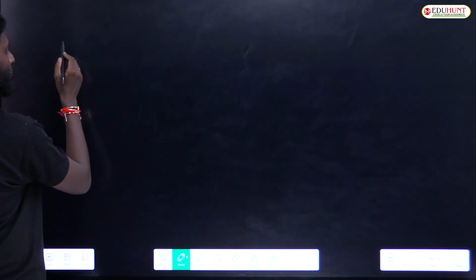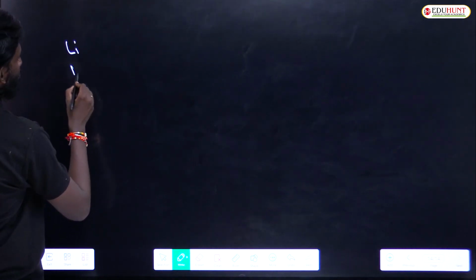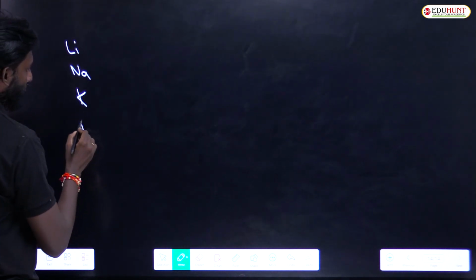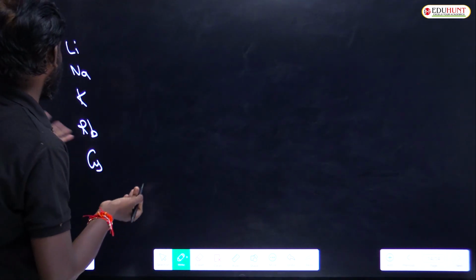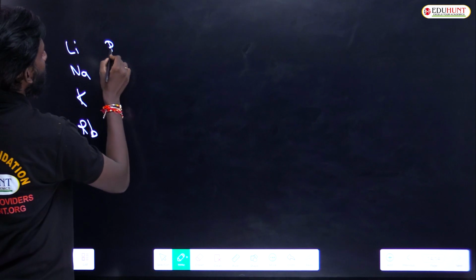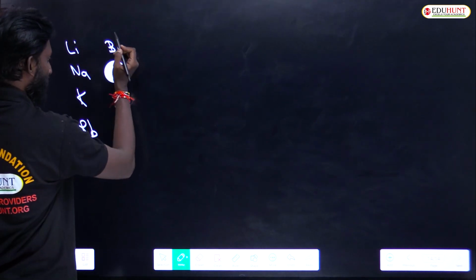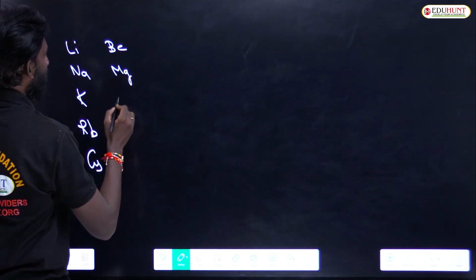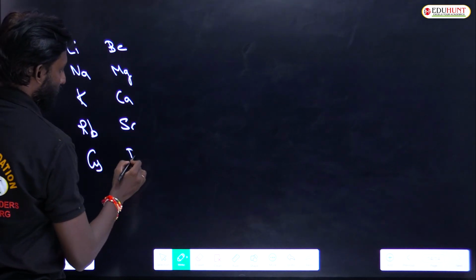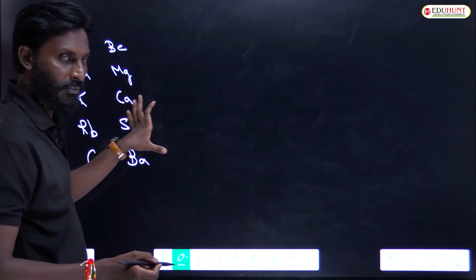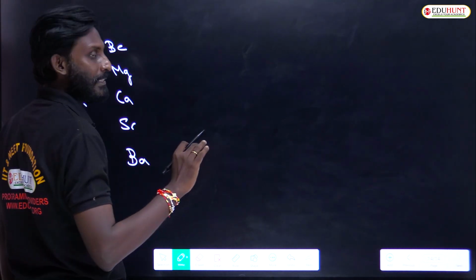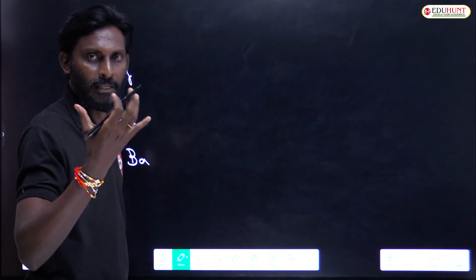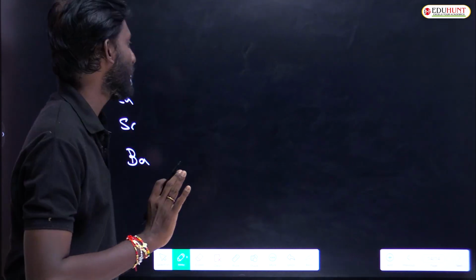Okay? Then how can we decide the valency for a particular element in a particular group? Let me discuss this. See, we have groups like the first group: lithium, sodium, potassium, rubidium, cesium. Of course, francium is a radioactive element, I am not writing it. Next group is beryllium, magnesium, calcium, strontium, barium. After that you will find D block. Leave D block, it's a different case, we will discuss its properties separately.